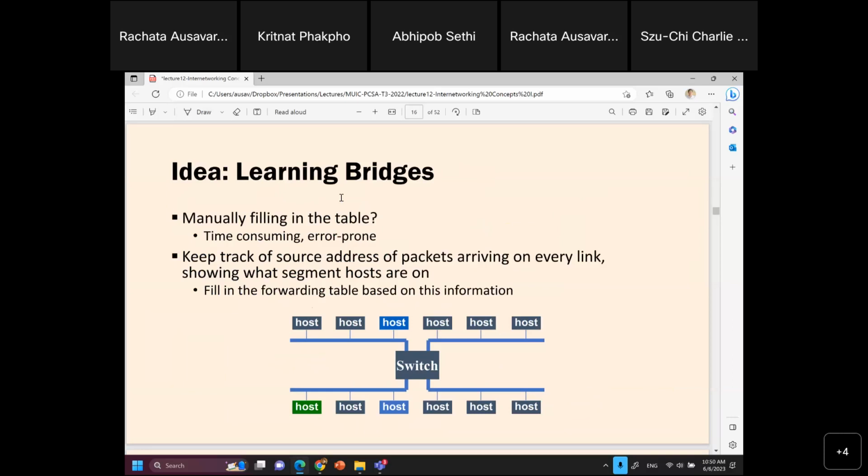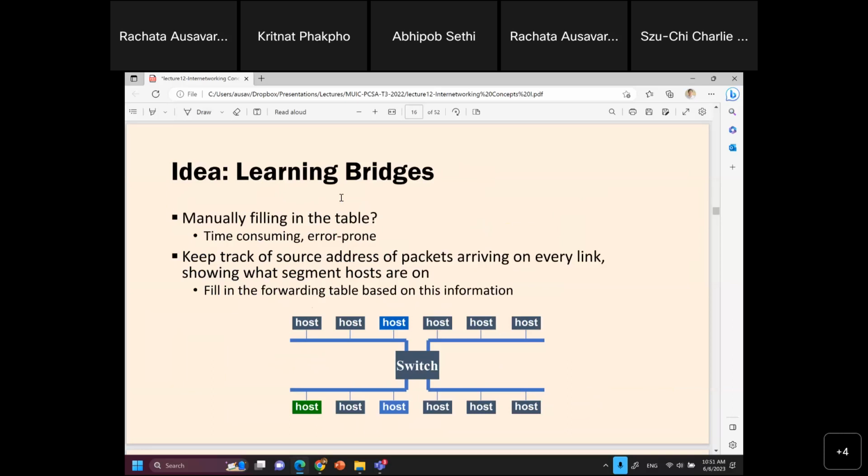Okay, so you can build the forwarding table based on that information. You don't have the information on how to go forward, but you know how to go back. Which means if you have traffic from the other side, you know where to go. Which means that if you keep building this table, you have the information on both sides of your ends.